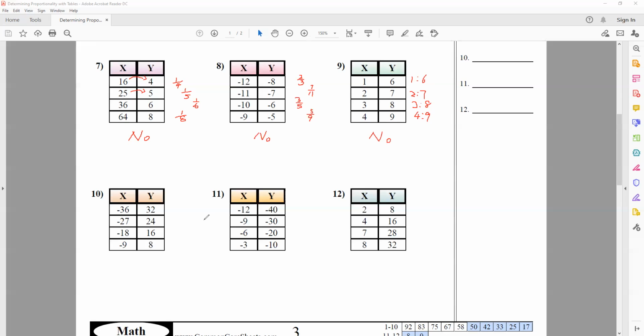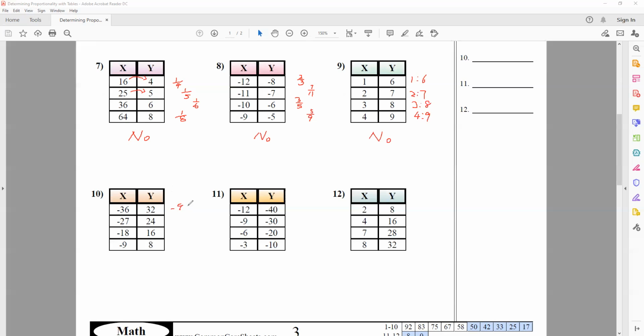Okay, number 10 is a little bit tricky, but you should be able to. Number 10, so one is positive, one is negative. Right. So that would be negative 9 to 8.